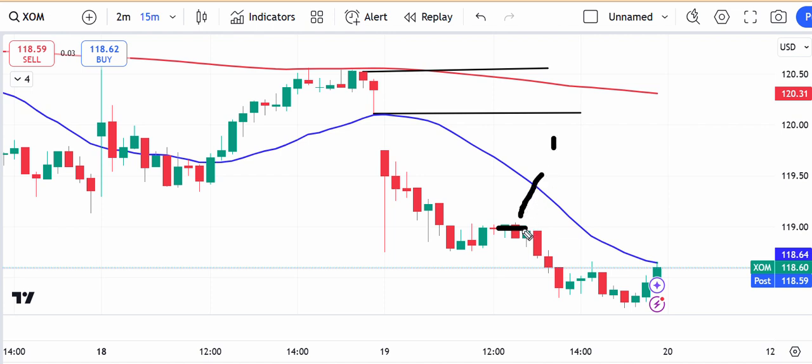Could have been in for one. Could have also been in for one here. Right there. And this is the direction it went in.